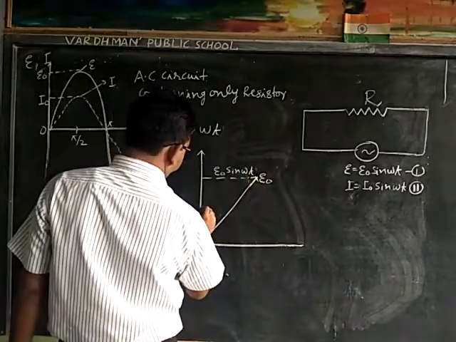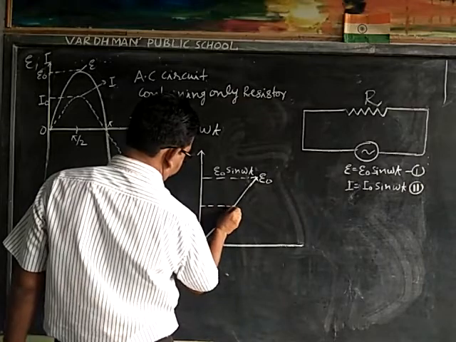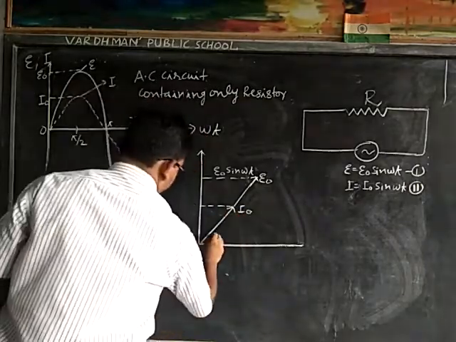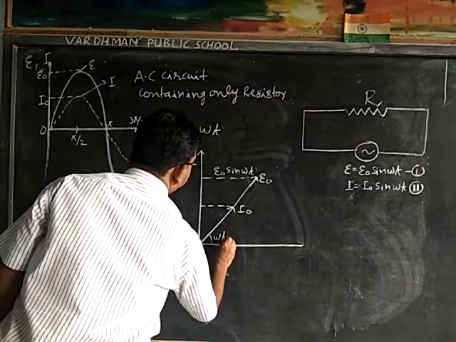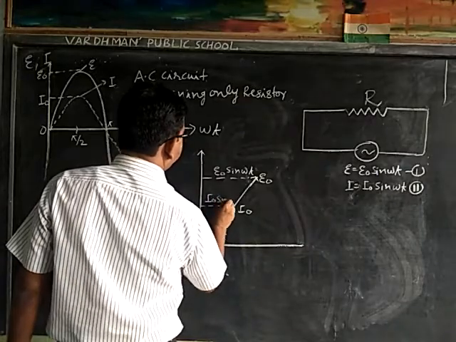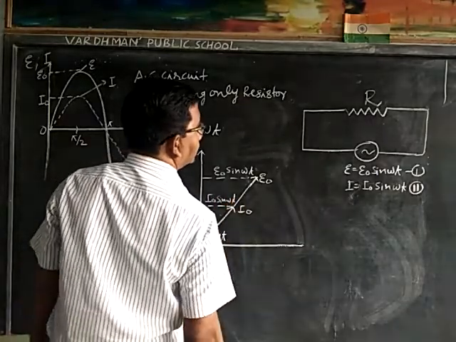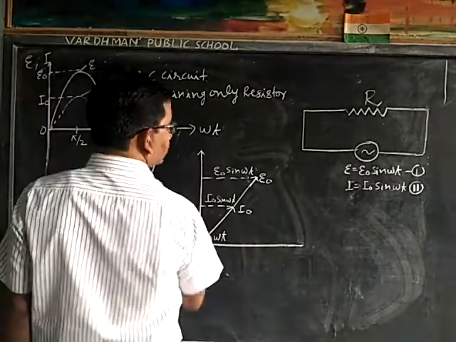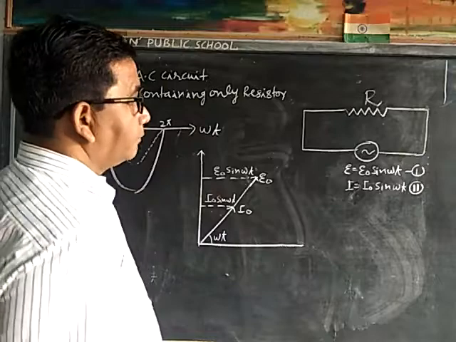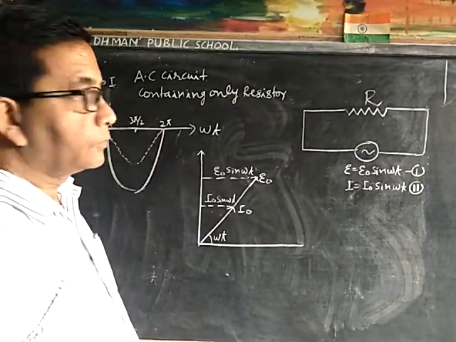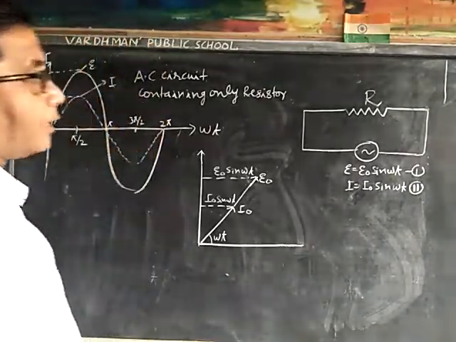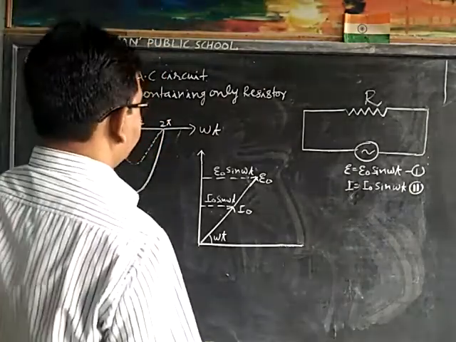This is I0, this is omega t, I0 sin omega t. This is the graph of E and I versus time, and the phasor diagram for the resistive AC circuit.